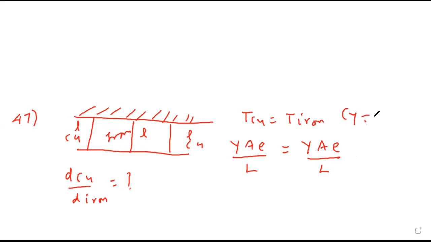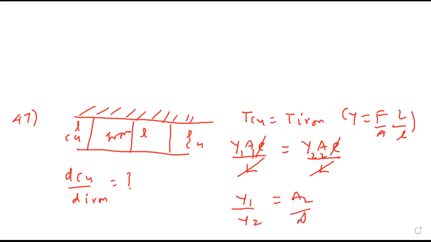I think you got idea I wrote from here. F upon A, l by L. So YA small l upon capital L. Same length will get cancelled. If it is remaining horizontal, this elongation also will be same. So it will come Y1 upon Y2 is A2 upon A1, which is D2 upon D1 square.